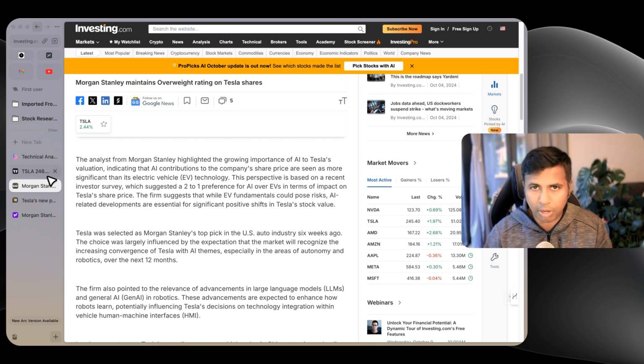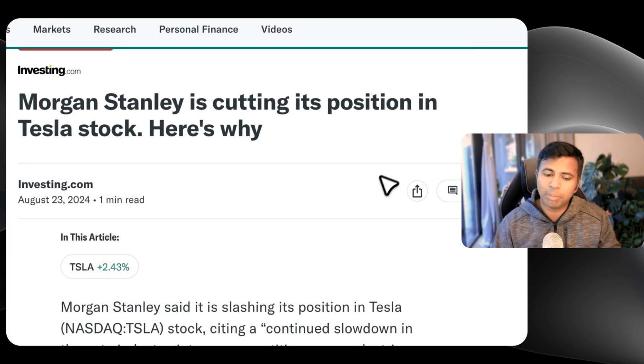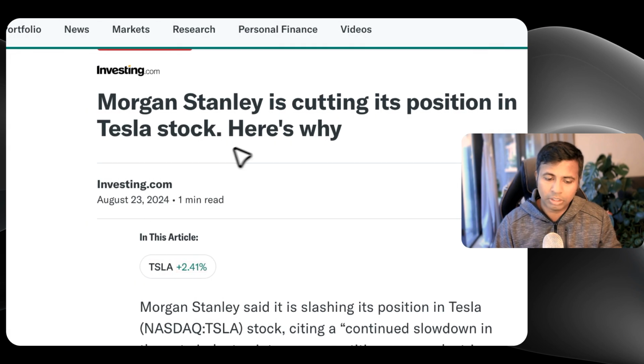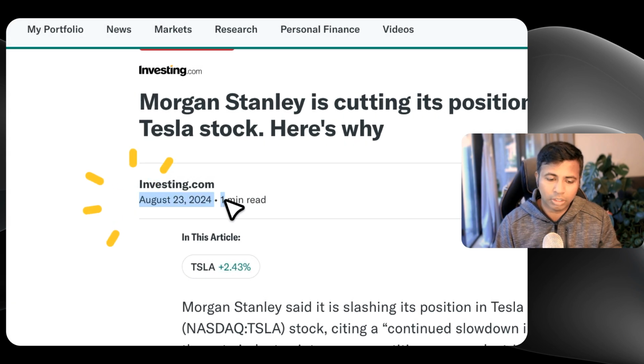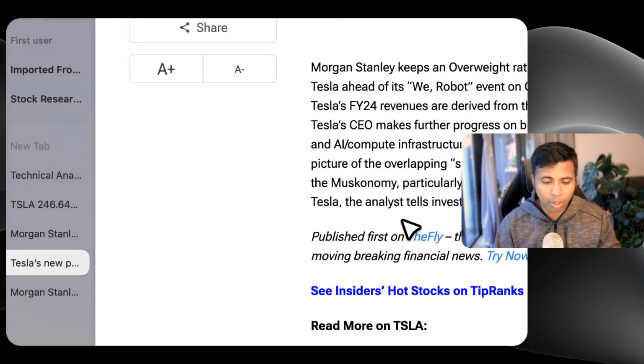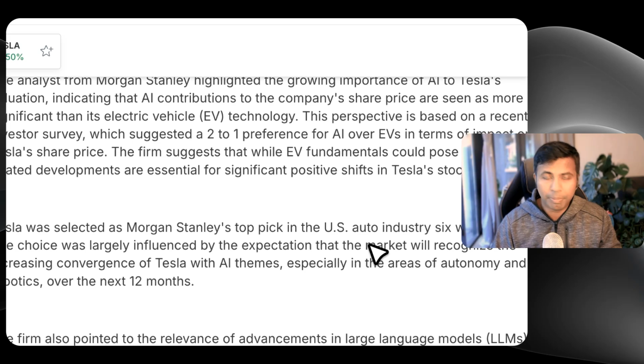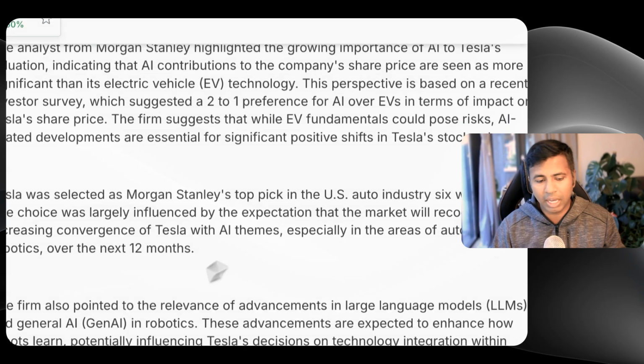Those kind of comments have come from Morgan Stanley. But we can see that they have also been reducing their position. This came out in August 2024. So they have been a little bit optimistic, and they've also said that they are cautious because the expectations for the market are really high.